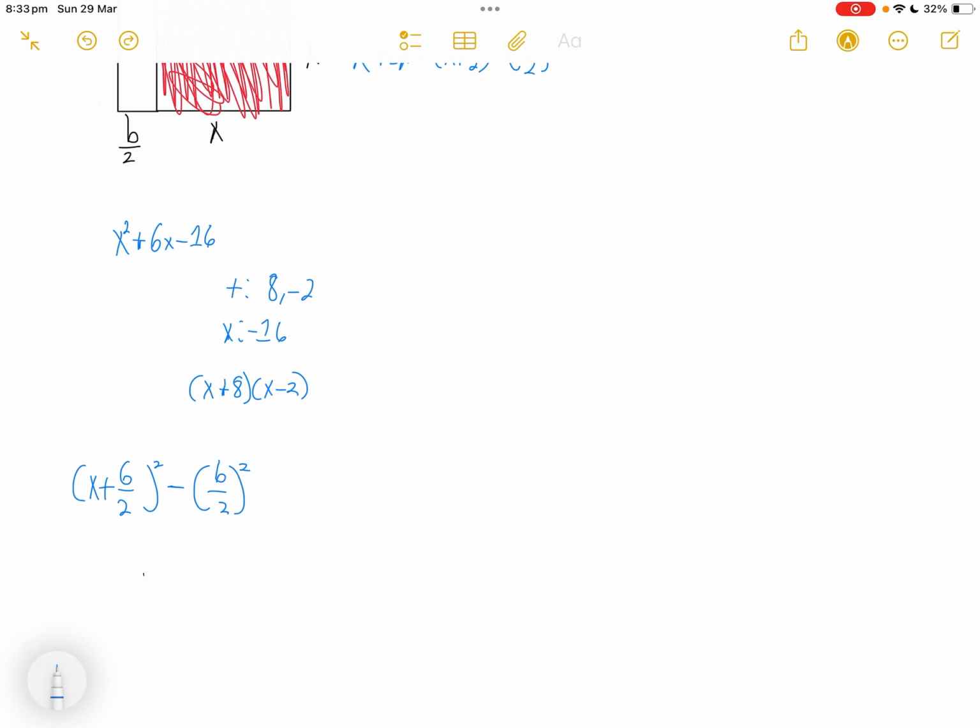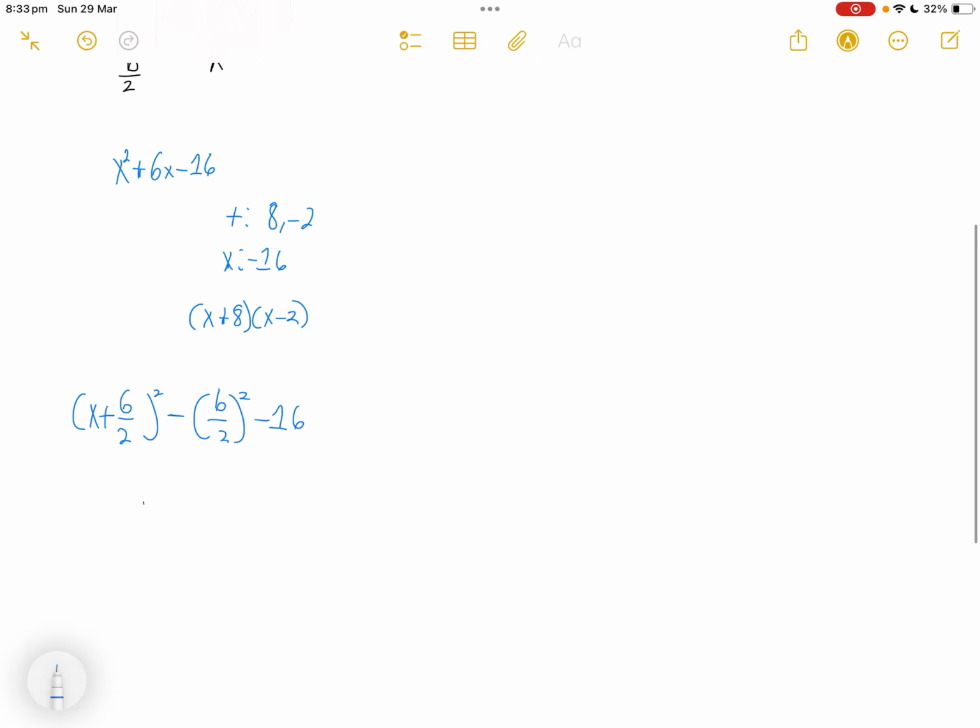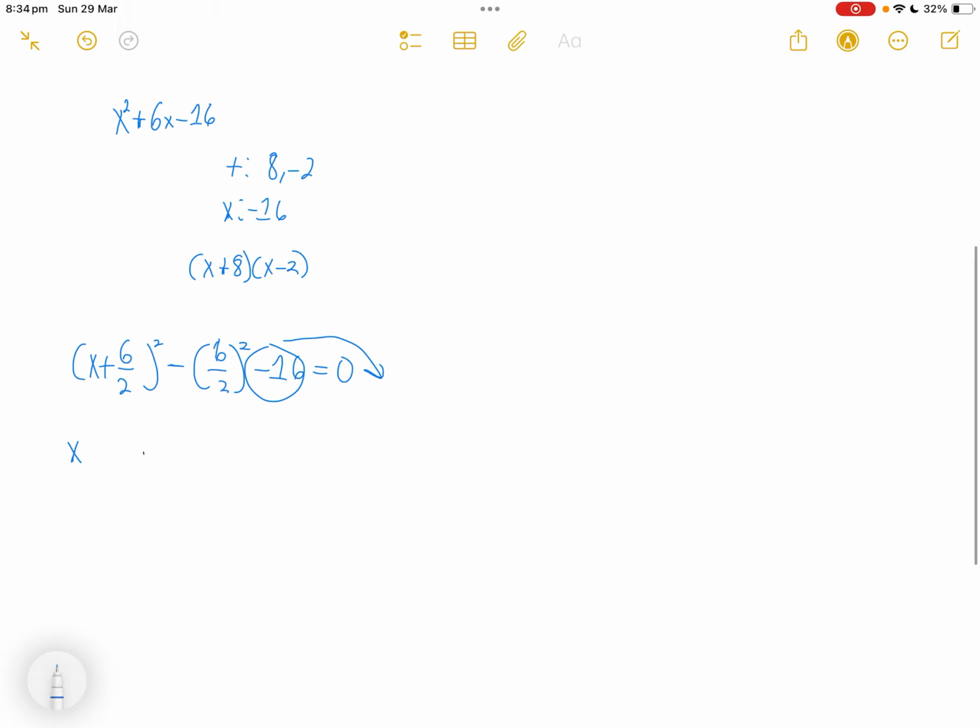Now since we have solved out that segment over there, we can leave out the 16 right here. And now we're gonna move this to the side right here. So 6 half is gonna be 3.